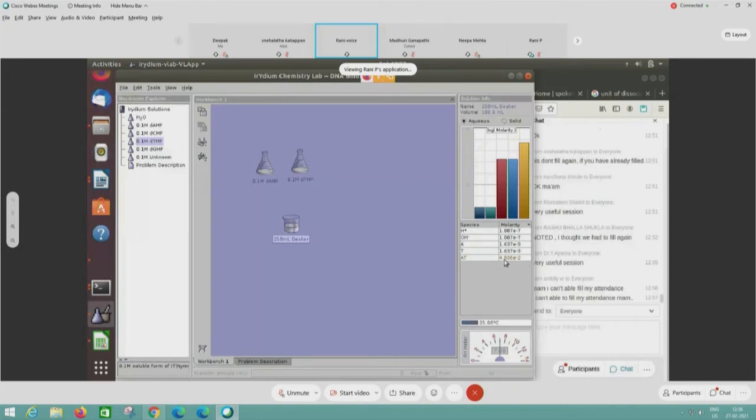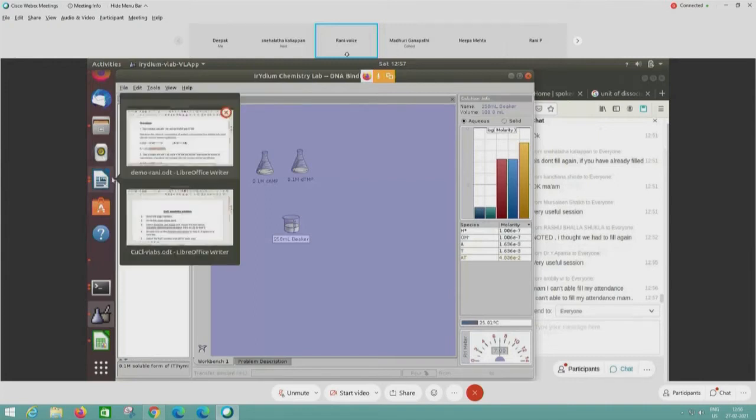The concentration in moles is given here. The starting was 0.1, and when the complex has been formed, the individual concentrations and that of the complex are given here. So we can now easily calculate the equilibrium constant and the delta G.